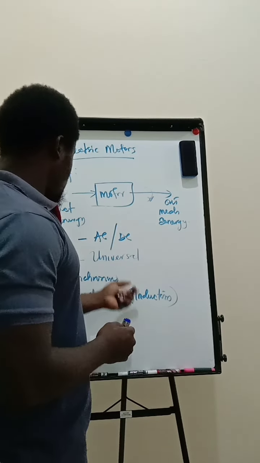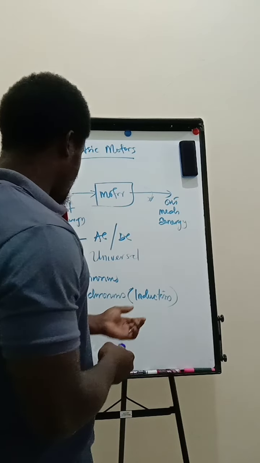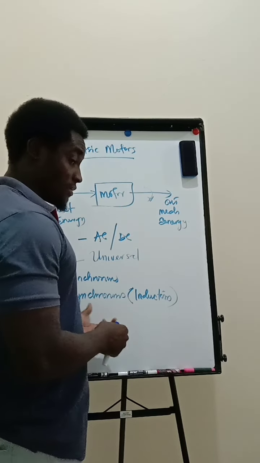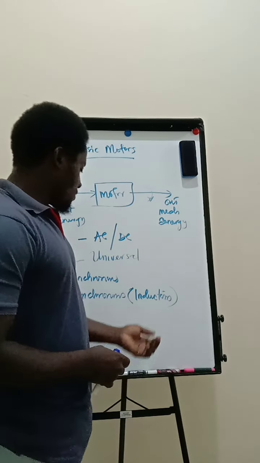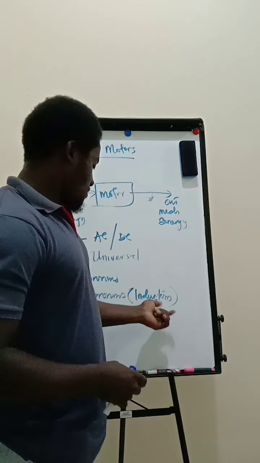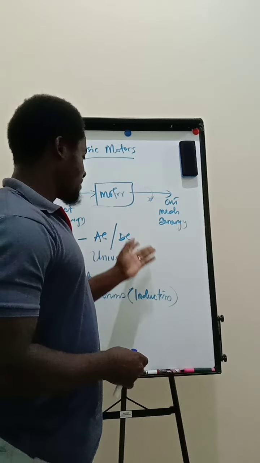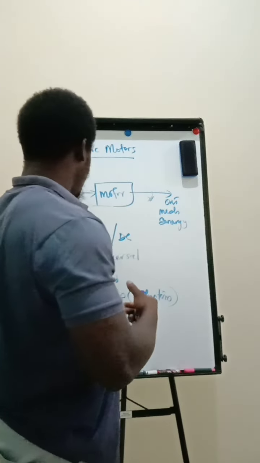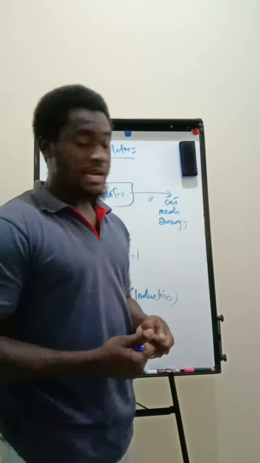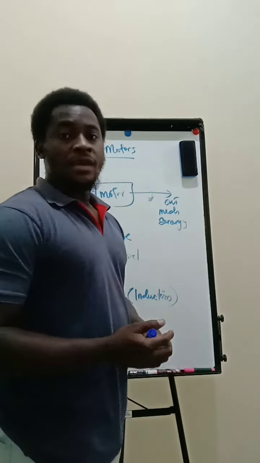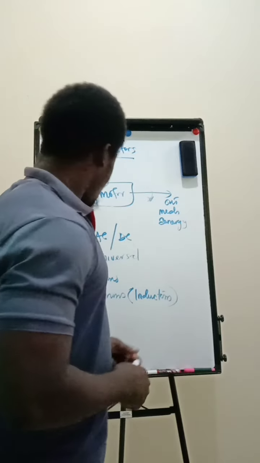I'll explain the difference between these two, but basically our focus is going to be on asynchronous motors, or induction motors. An induction motor can be fed at the input with either alternating current or direct current in order to get mechanical energy at the output.